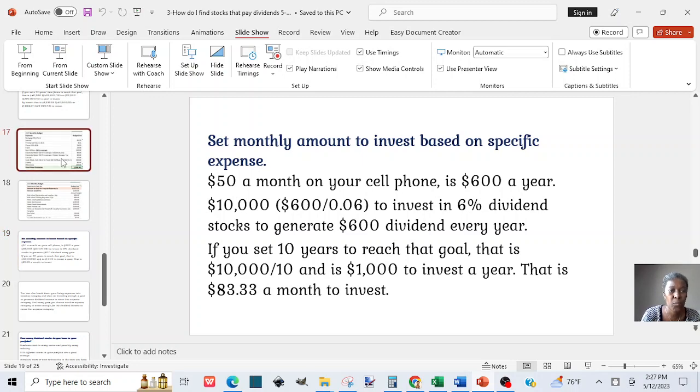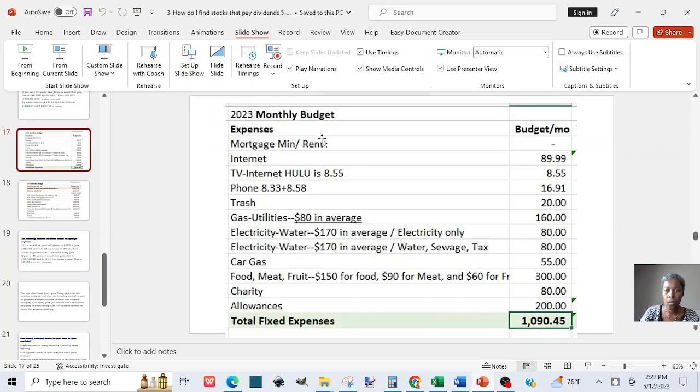So for instance, if we go back to our budget here, and we are going to pick the phone, if the phone is 1681, we can just pick the phone, or you can just categorize those expenses.